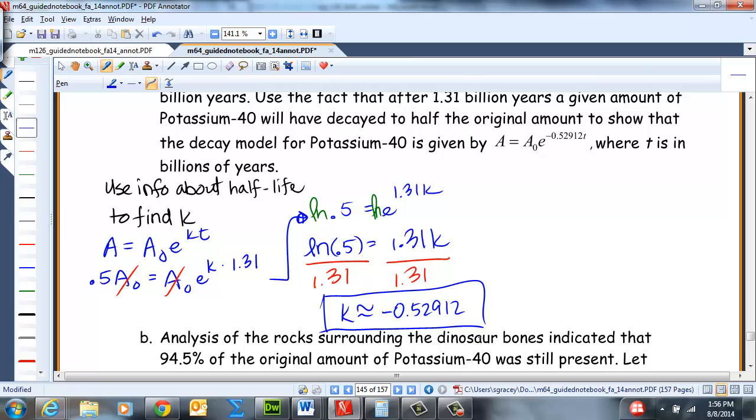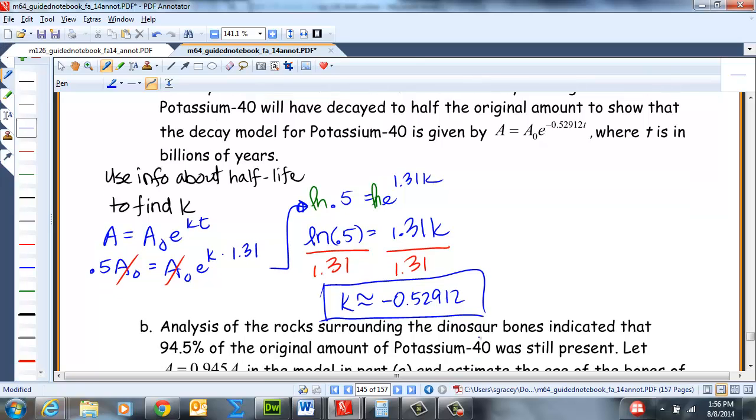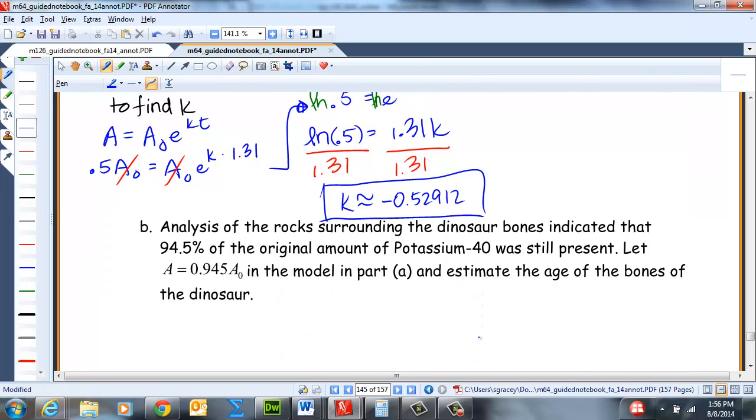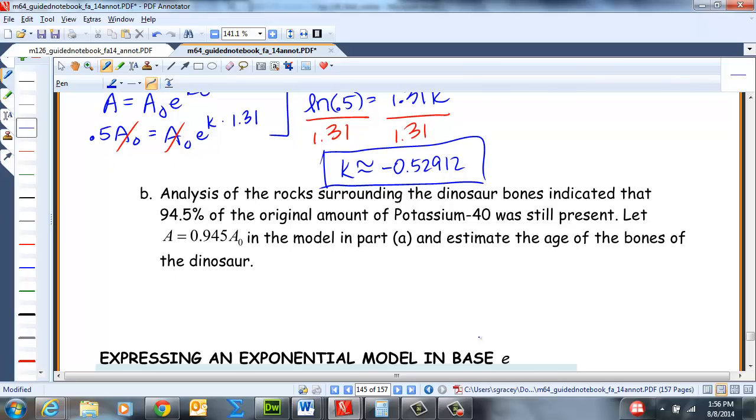So, analysis of the rocks surrounding the dinosaur bones indicated that 94.5% of the original amount of potassium-40 was still present. So, we would let A equal 0.945A0 in our model, and we'll estimate the age of the bones of the dinosaur.